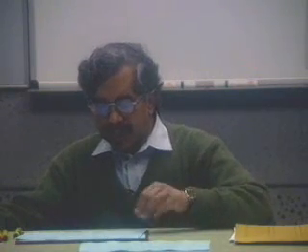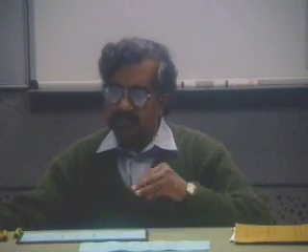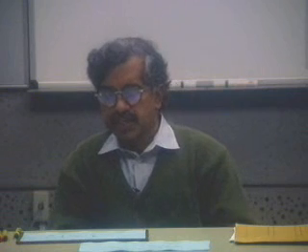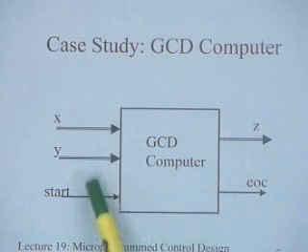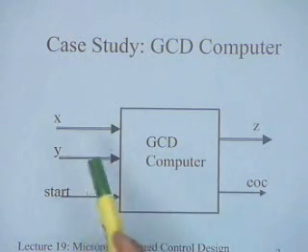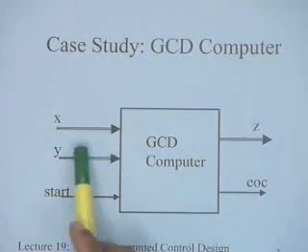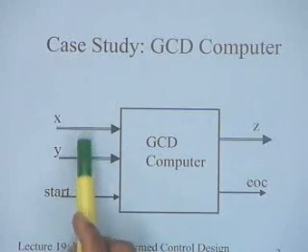The example we will take is the same example that we had before, because we don't have to spend time understanding the algorithm itself. We already have done this GCD computer as part of the design of the state machine. The data part also will be similar, just to refresh: we have two inputs, let's say 16 bits each. It doesn't really matter here, you can take 16 or 32.